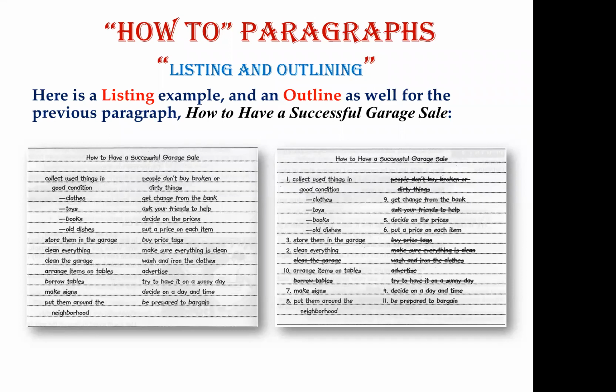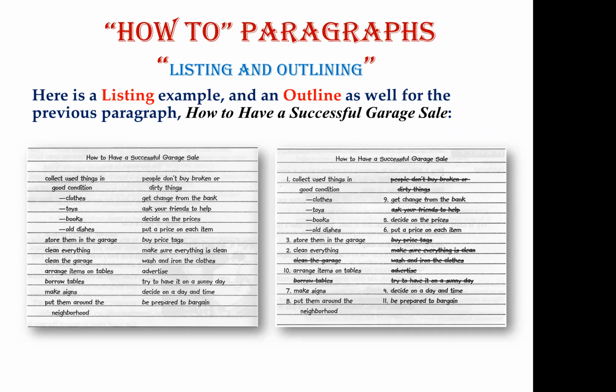In listing two, I edit these ideas and I see what is not important, what must not be written in my paragraph or in my outline, and I deleted it. So clean the garage, okay? I deleted it because I said clean everything. Why should I say clean the garage? When I say clean everything, I mean that the garage is also included.